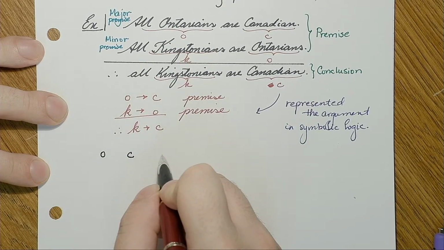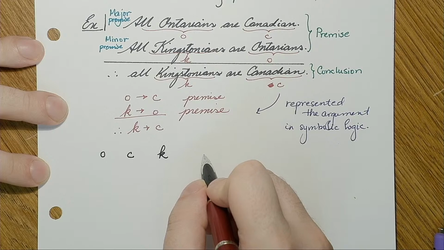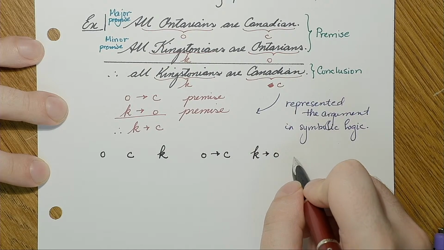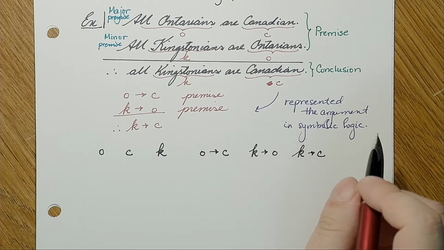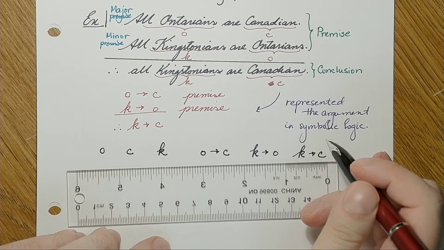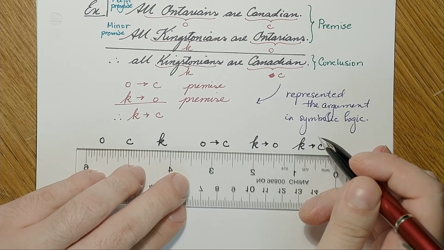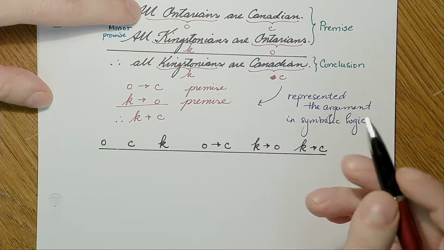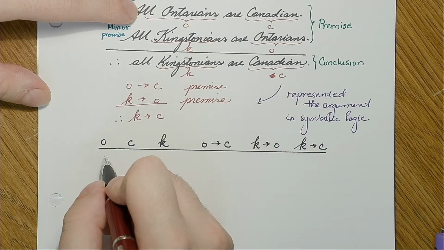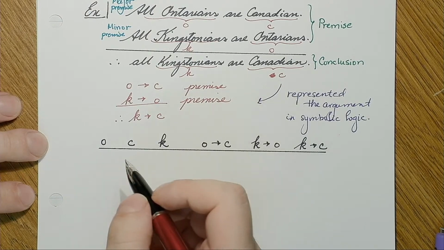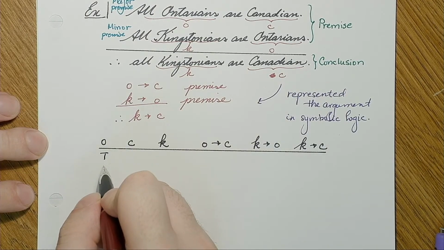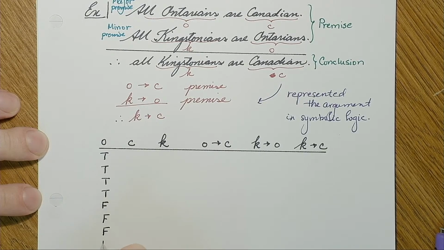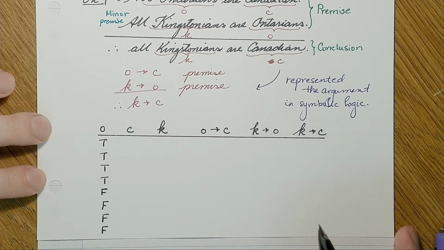And I'll have the three propositions: O implies C, K implies O, and lastly, K implies C. So I have three prime propositions, so I'll have in total eight lines.